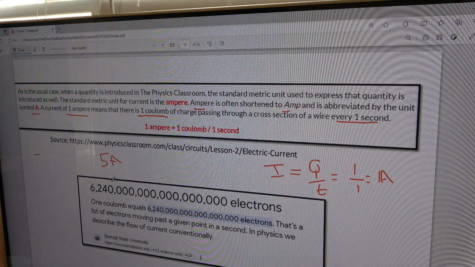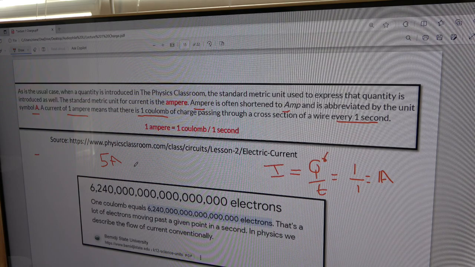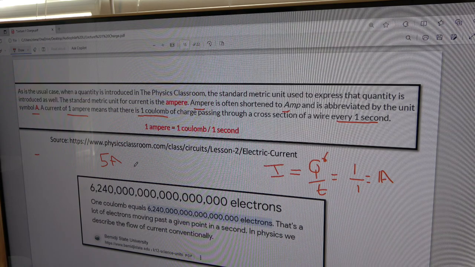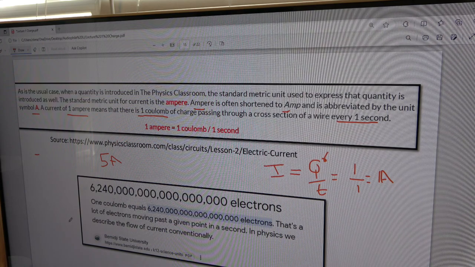Electrons are only involved because they carry charge, but it's the charge itself that's the current. So let me say this. What's a coulomb? If the electrons are the taxicabs that carry the charge, and 1 coulomb of charge over 1 second equals 1 amp, then how many taxicabs do I need to pass through a cross-section of wire in 1 second to equal 1 amp?